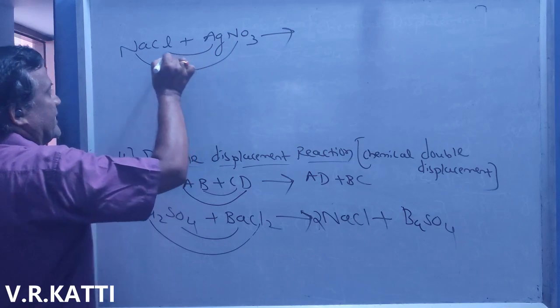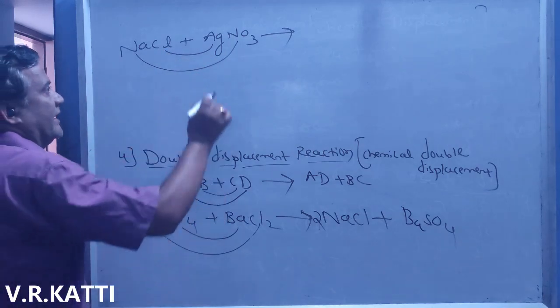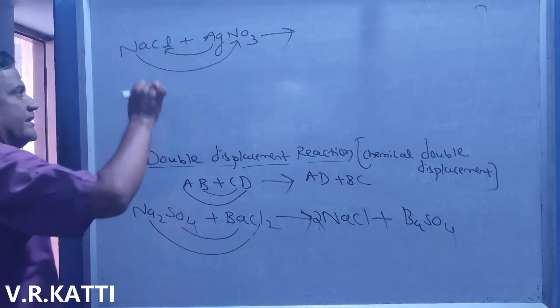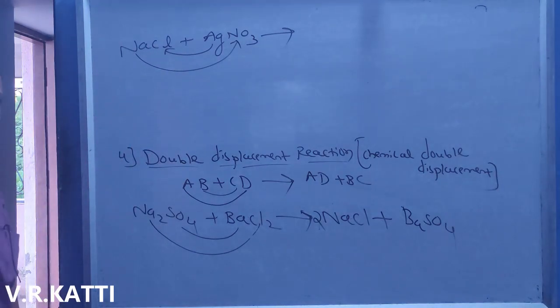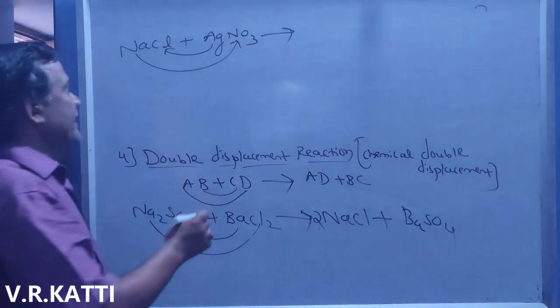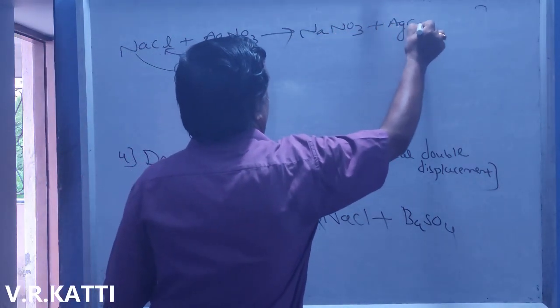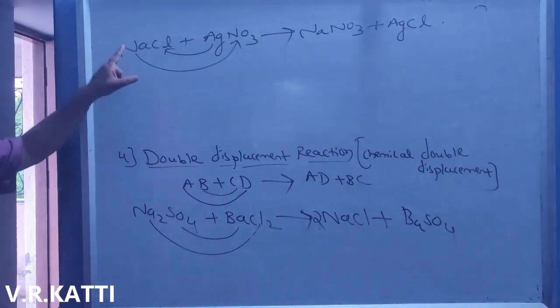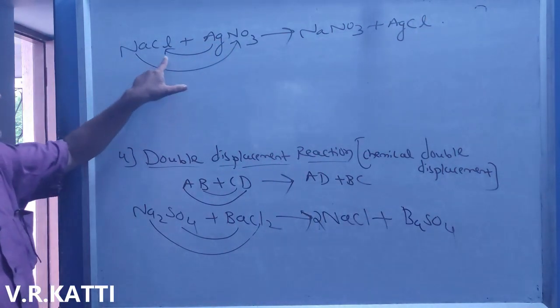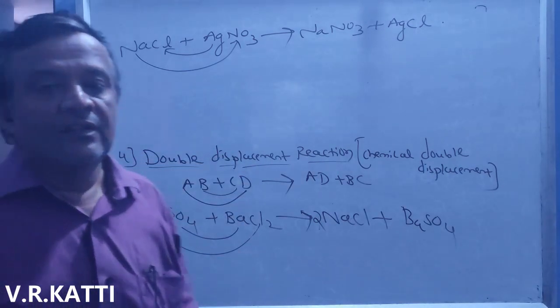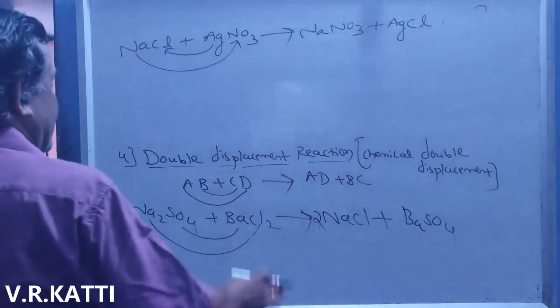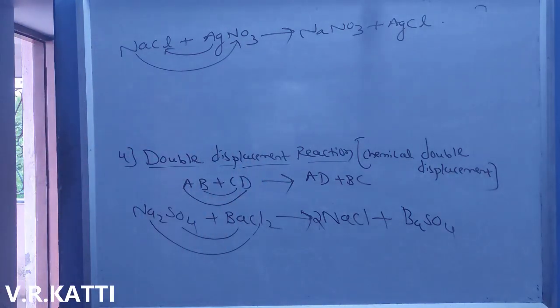NaNO3 and AgCl. Sodium nitrate plus silver chloride. So this is a double displacement reaction. That is, the exchange of ions takes place here.